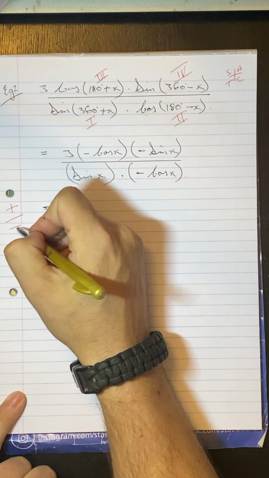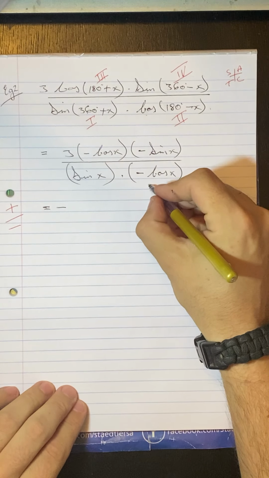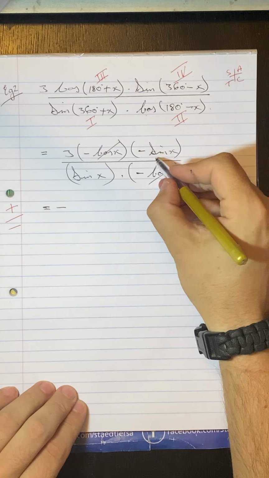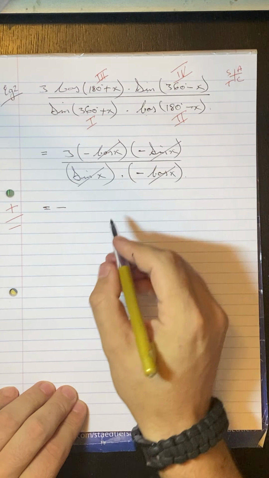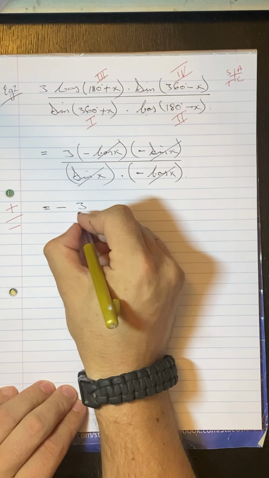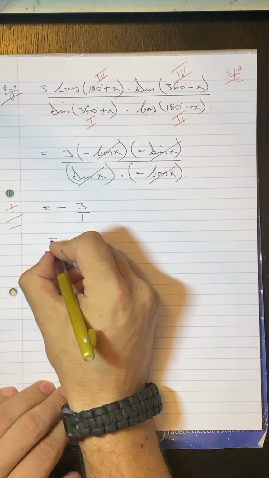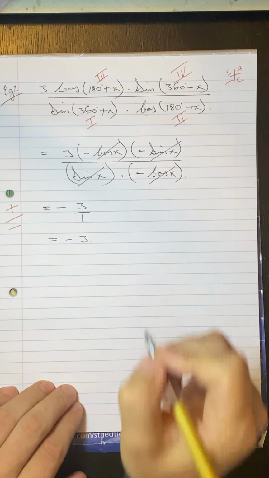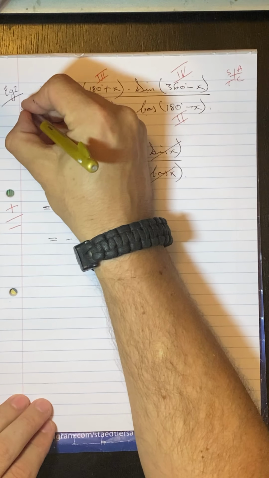So positive divided by negative is a negative. So the whole thing is negative. Now I can ignore my signs. The cos will cancel with the cos. The sine will cancel with the sine. And we are left with 3 over 1. So our final answer is minus 3. Not too bad. Okay. That was question A.